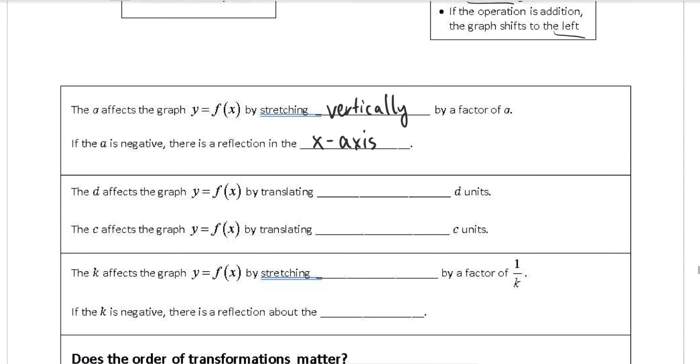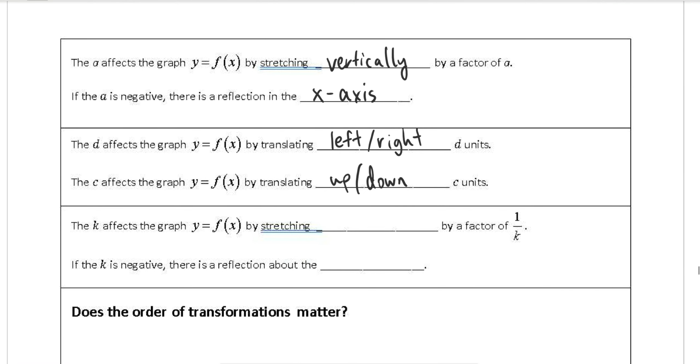The d value affects the graph by translating left or right by d units, and the c affects the graph by translating up or down c units. The k value is your horizontal stretch or compression by a factor of 1 over k, and if k is negative, you have a reflection in the y-axis.